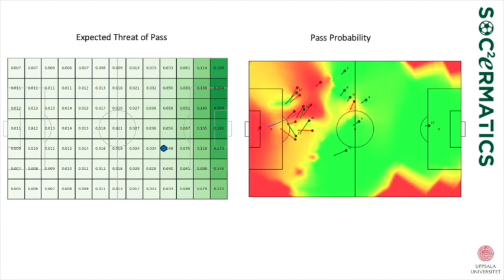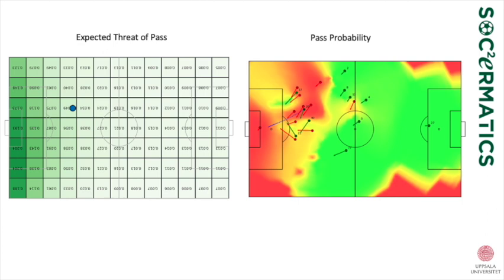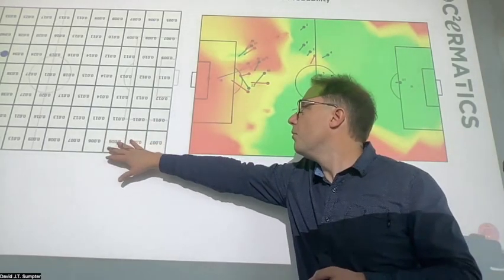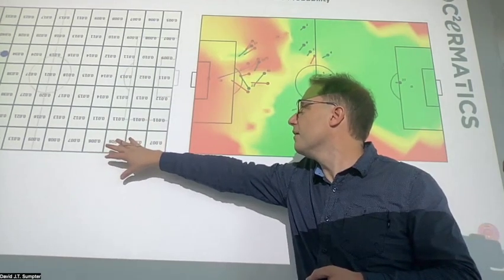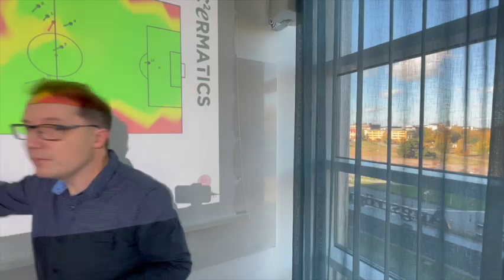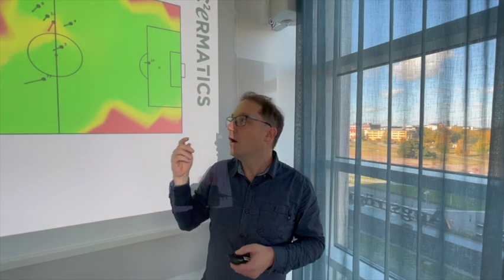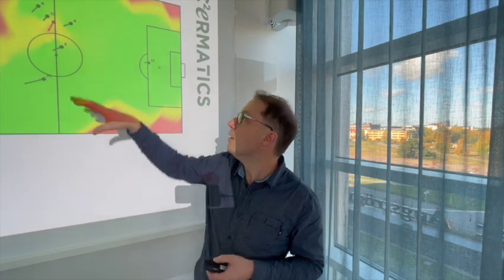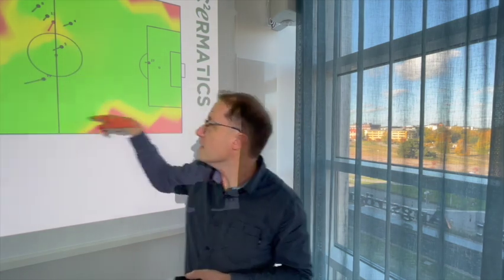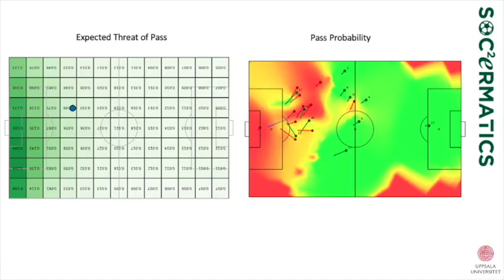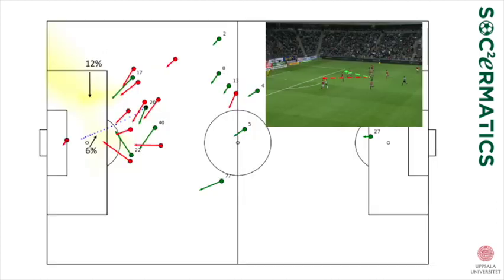So I will rotate this matrix, and point by point, we multiply together the values here, which is the probability of a goal given the pass is successful, with all the points here, which are the probability the pass is successful. And so that gives us the probability that we'll score a goal given we attempt the pass.